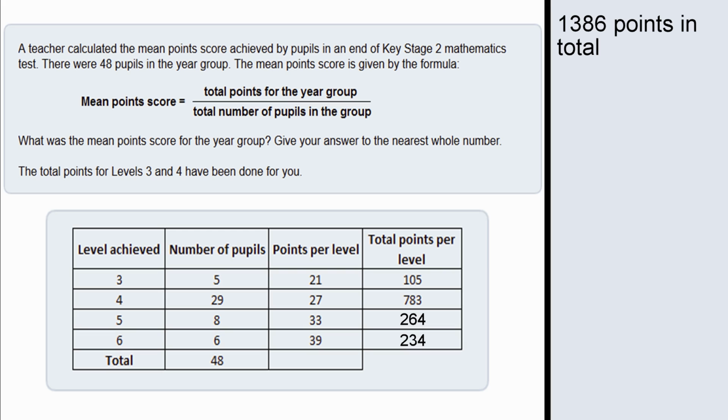So there were 1386 points in total, and now we have all the information required to use the formula. So the mean point score is going to be 1386 divided by 48, which gives us 28.875. But the question asks us to round our answer to the nearest whole number, and when we do that we get the answer of 29.